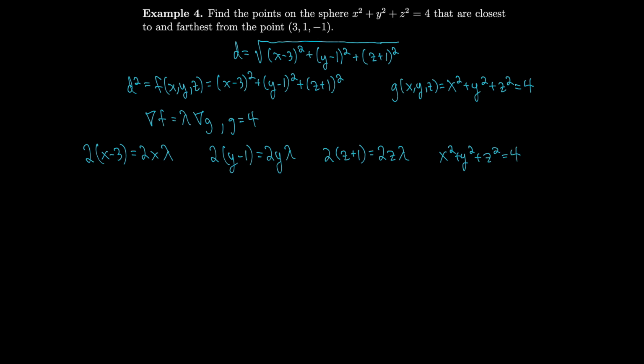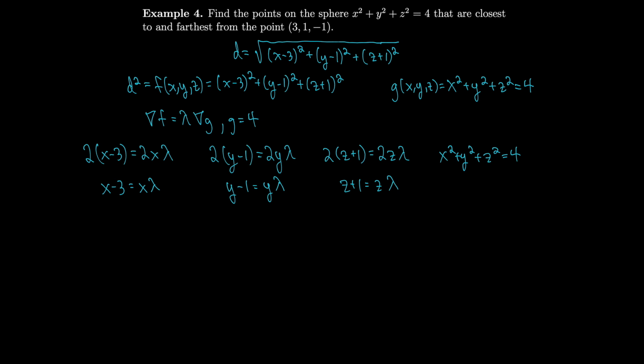Okay, so dividing by 2 everywhere, I can simplify this a little bit. I get x minus 3 equals x times lambda. I get y minus 1 equals y times lambda. And I get z plus 1 equals z times lambda.